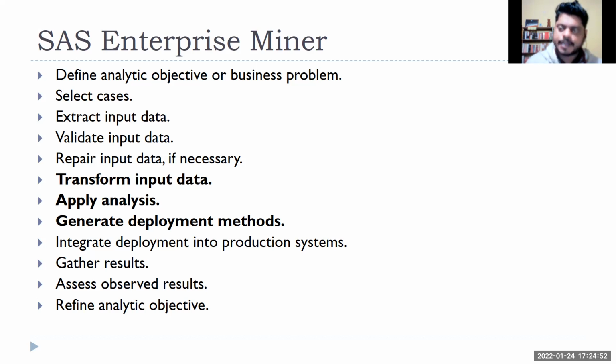We come back and analyze again, to see whether our current model is working or not. If not working, then we have to improve our model. So this cycle keeps going, right? Assess, observe results, and refine the analytic objective. Now, if you have met that, then you might say, okay, let's see what else we can do. If you're not meeting that, we'll go back and run a new model, right? So this is how the complete process works.